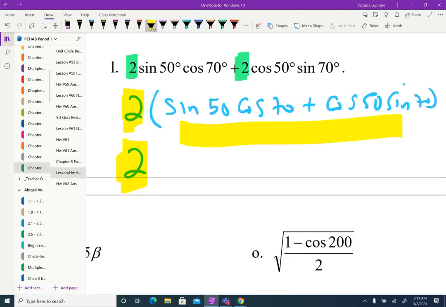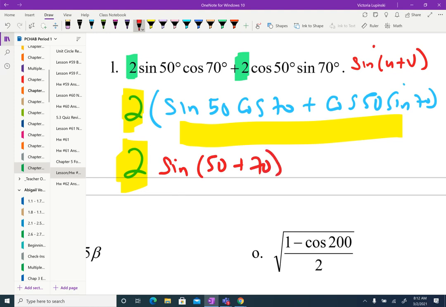So going back here, this is the sine of u plus v. So that becomes the sine of 50 plus 70. Again, this is your u and this is your v. So this becomes 2 times the sine of 120.